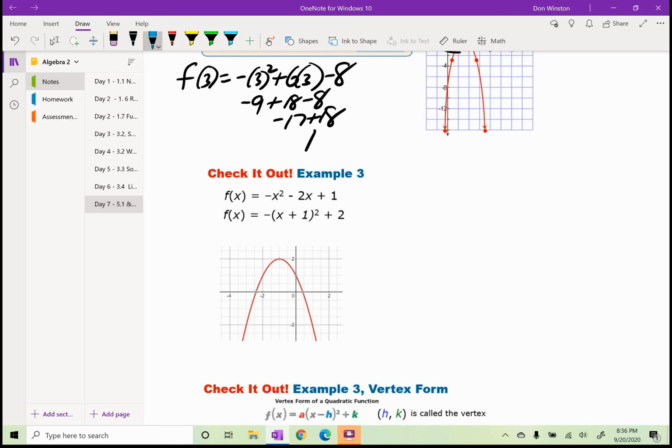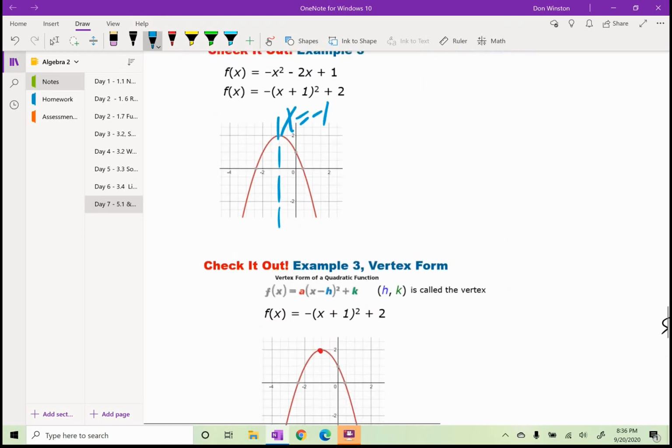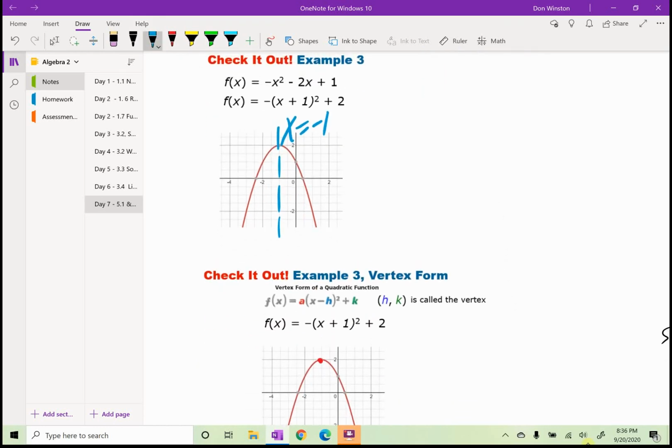Again, the axis of symmetry would be the line x is equal to negative 1. But let's take a look at the general form for vertex form. f of x is equal to a times x minus h squared plus k. I want you to notice here that in this example we have a plus 1. That means h is negative 1, because x minus a negative will be a positive.